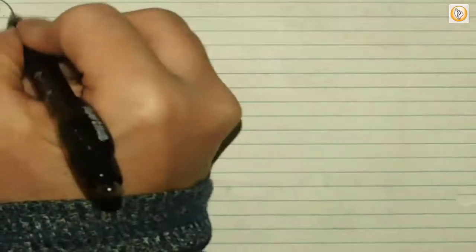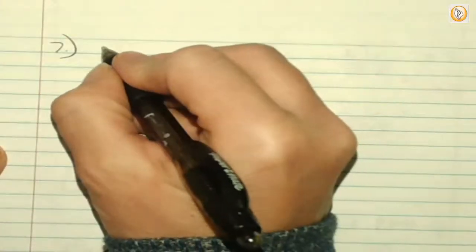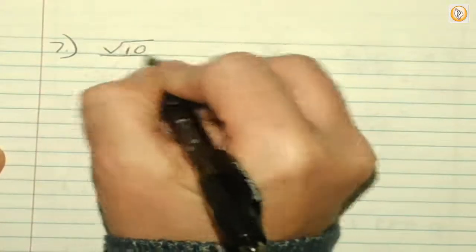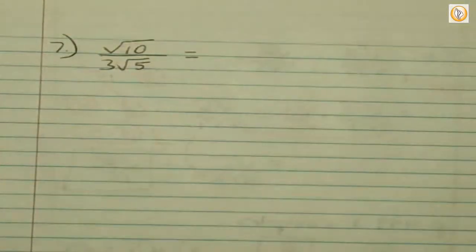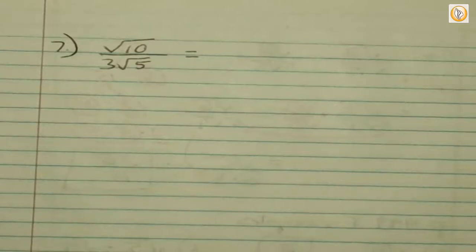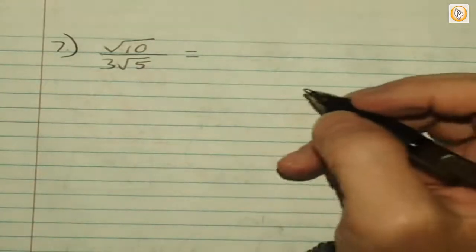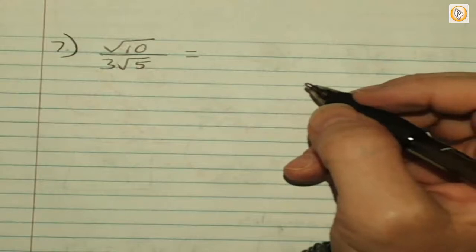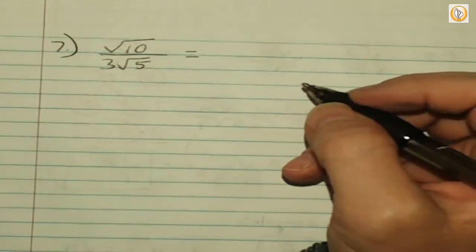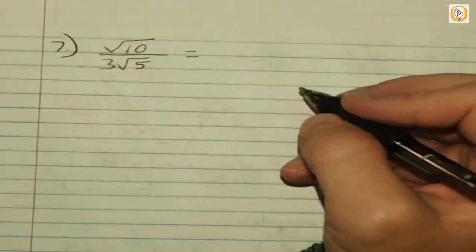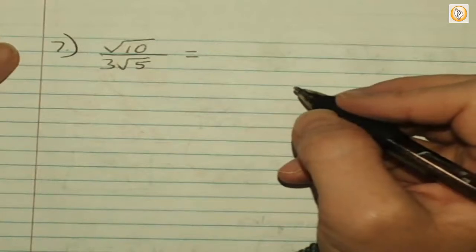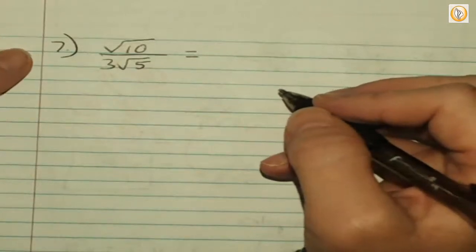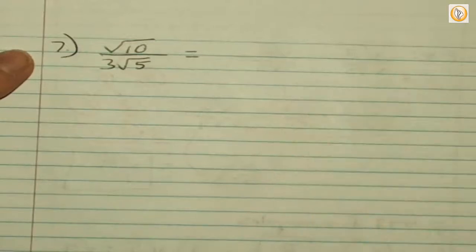7. Square root of 10 divided by 3 times square root of 5. Let's see. Sophia, what can I do here? You're going to have to be loud. Look at the example we just did.